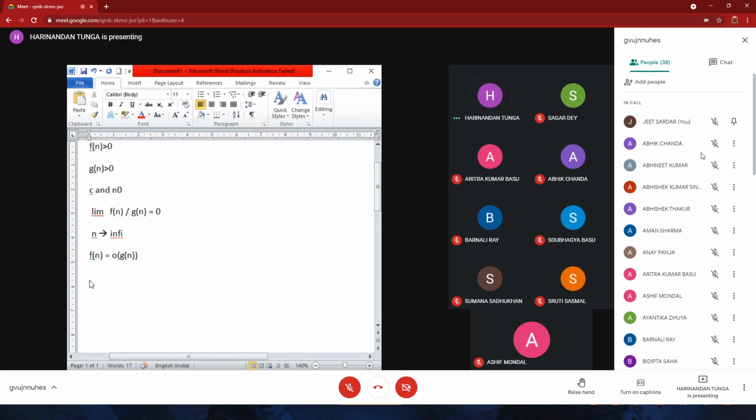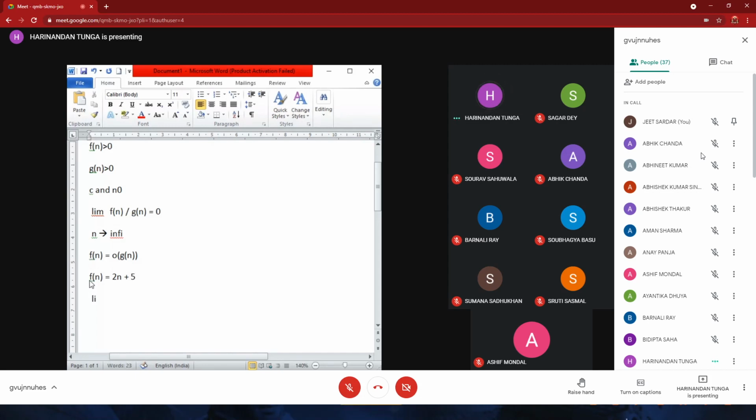Say your algorithm's total execution time is Fn equal to 2n plus 5. Now to express Fn in little o is very simple.